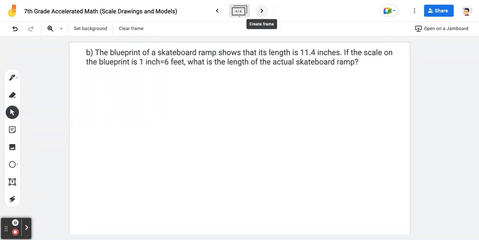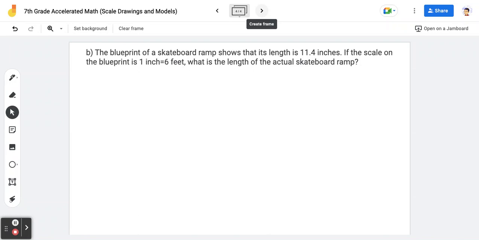So there's this one. Remember, we said that they must have the same units. The blueprint of a skateboard ramp shows that its length is 11.4 inches. If the scale on the blueprint is 1 inch is equal to 6 feet, what is the length of the actual skateboard ramp? Same as before, let's write our ratio in words first.